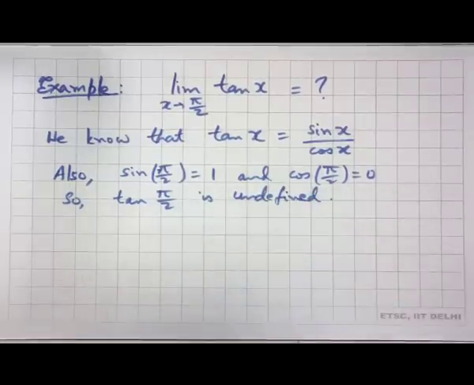So, tan of pi by 2 is not defined, but tan of x is defined in a small interval containing pi by 2.